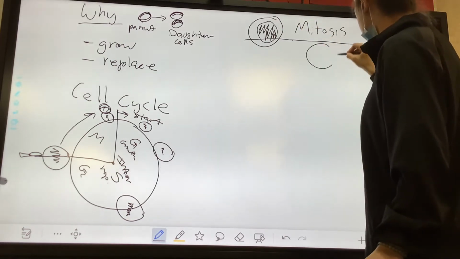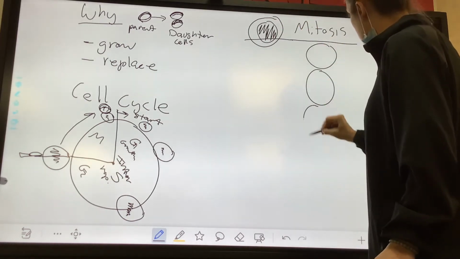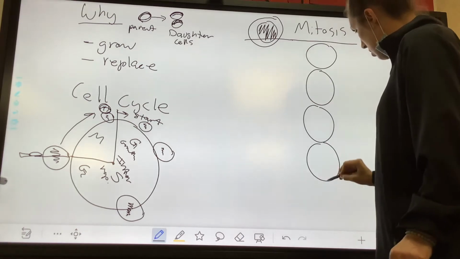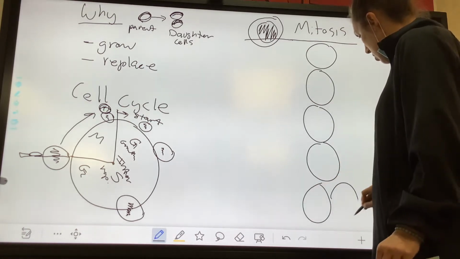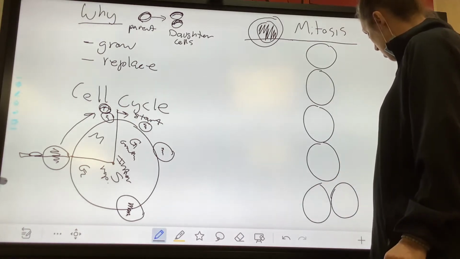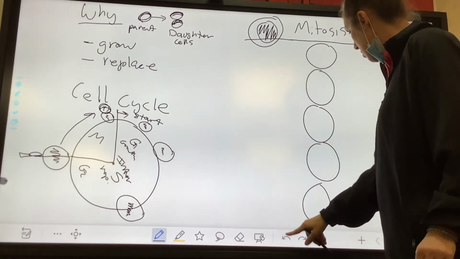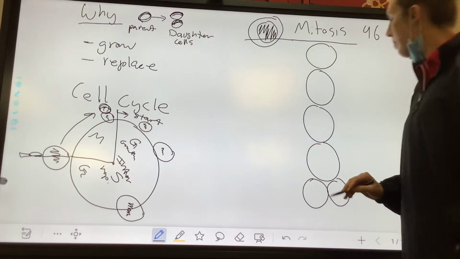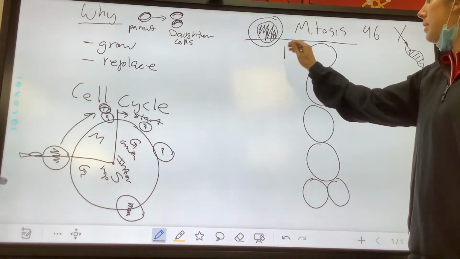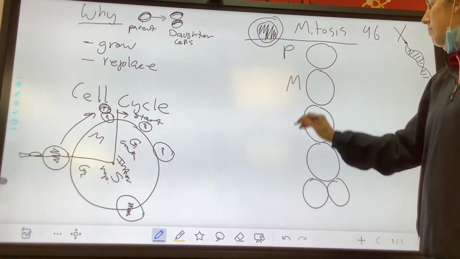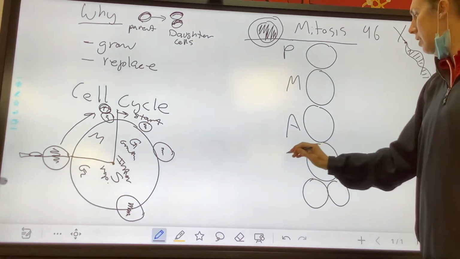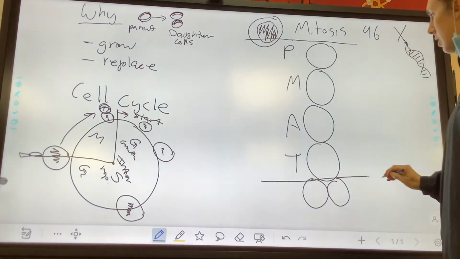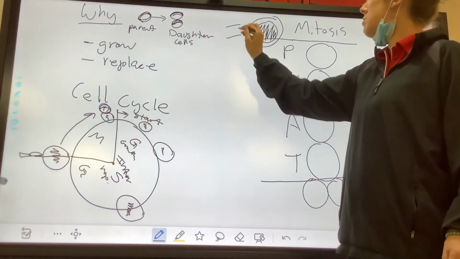Now we're going to go. Sorry, these should be a little bit smaller. Okay, they're going to call it PMAT. P-M-A-T. So here was interphase.